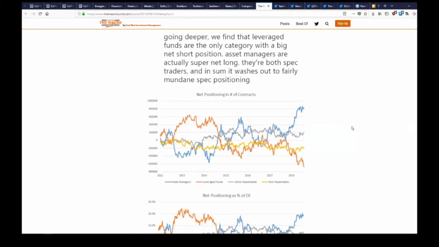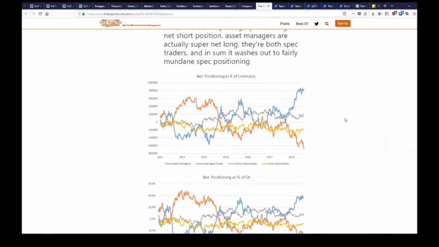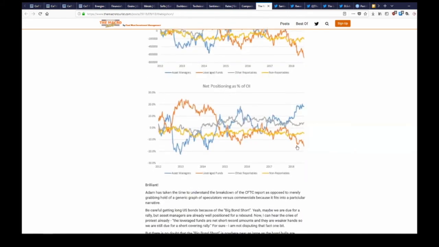It's a tale of two traders. Leverage funds, absolutely, are very short the 10-year. But on the flip side, asset managers, slower money like mutual funds, are extremely long the 10-year. In summary, it washes out to quite mundane spec positioning in the 10-year. But I will say this: a very smart trader on Twitter was talking about this, and he said, let's take two traders.